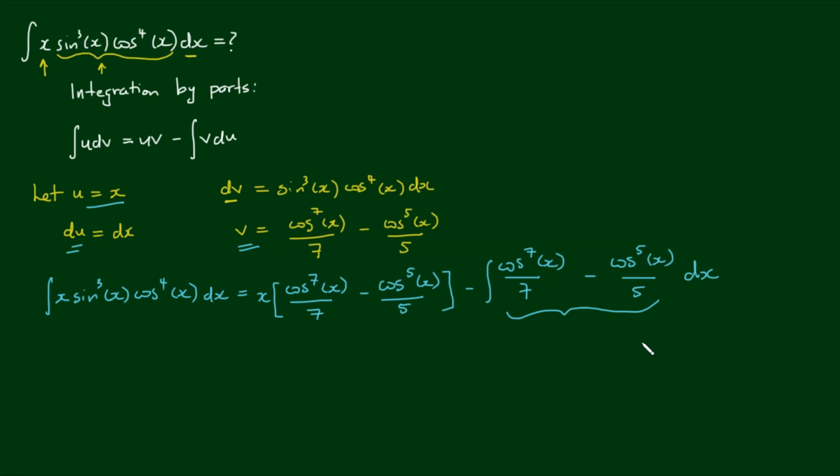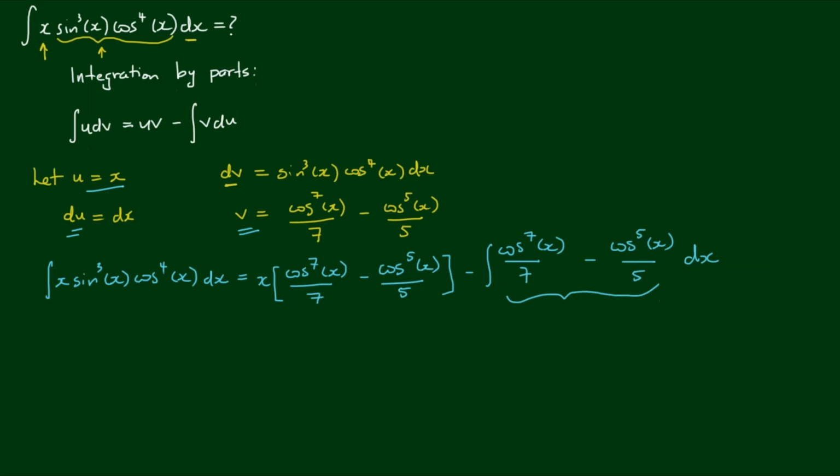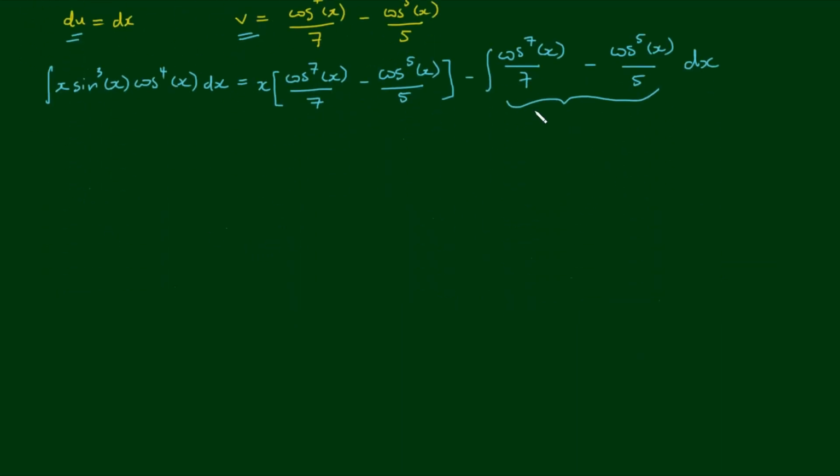Okay, now I have this secondary integral to evaluate in order to find the overall integral. So now I'm going to go through my strategy again. And my strategy is, let's look to simplify this integrand first. Let's just write the function out that we're integrating, cosine to the seventh power of x on 7 minus cosine to the fifth power of x on 5.